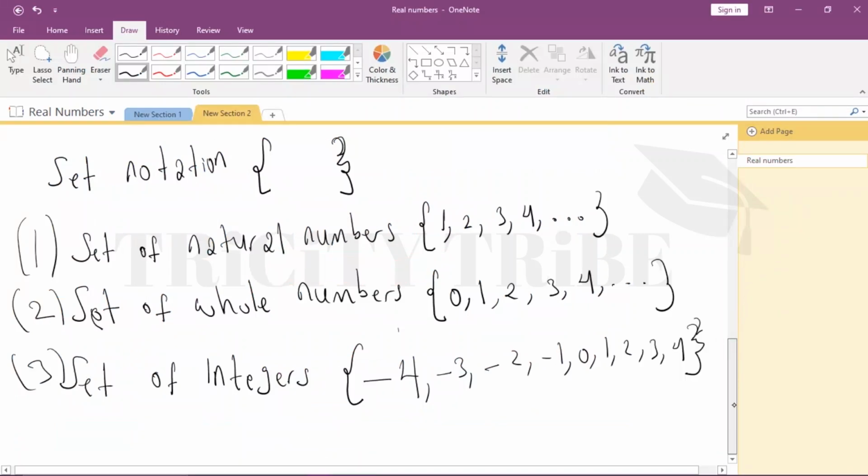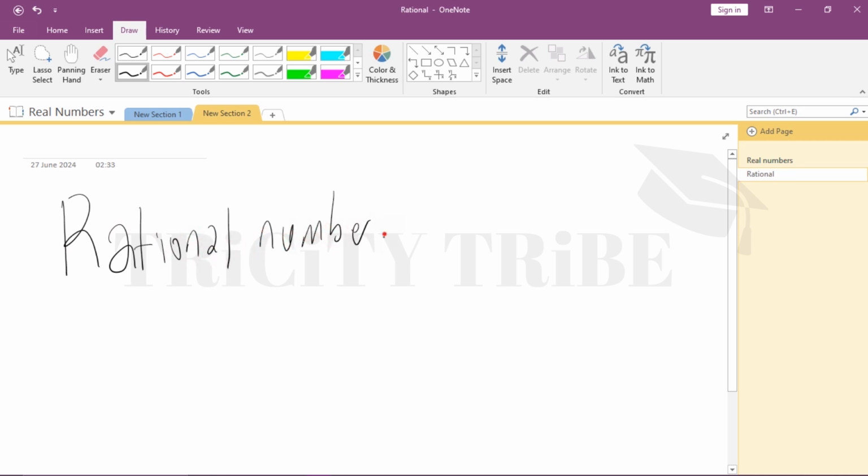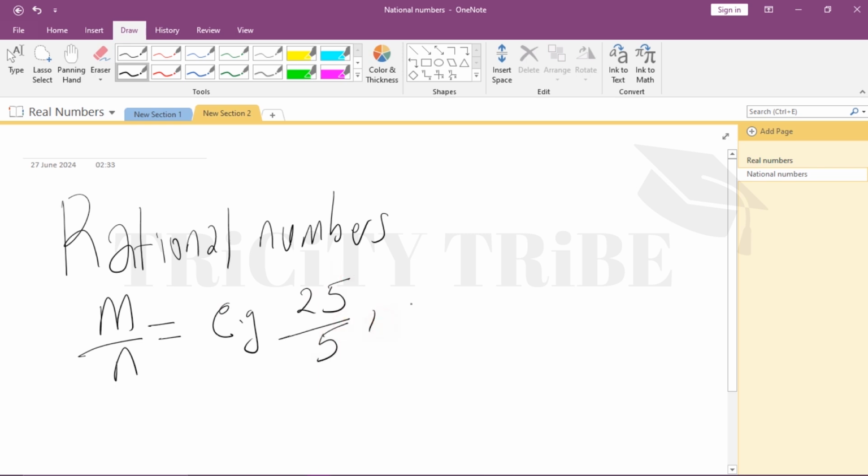Rational numbers. When we're talking about rational numbers, they always appear in this form. You will always see them most times in this appearance. It could be something of this nature, but there is something peculiar.